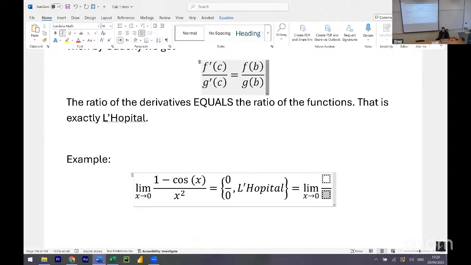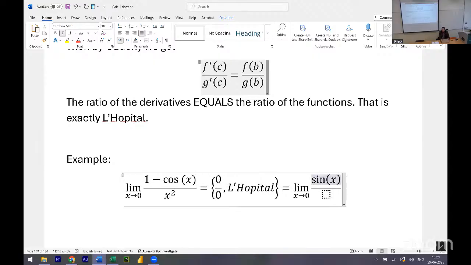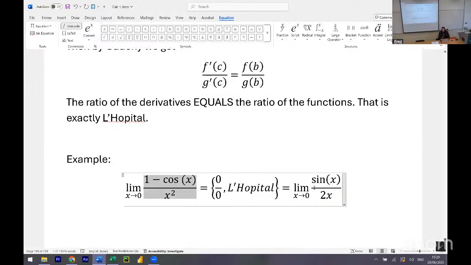The derivative of 1 minus cosine of x is sine of x. The derivative of x squared is 2x. That's the ratio of functions, and that's the ratio of their derivatives.